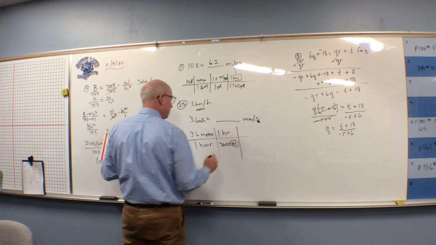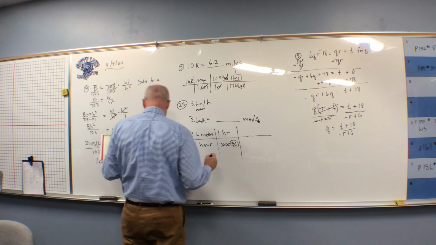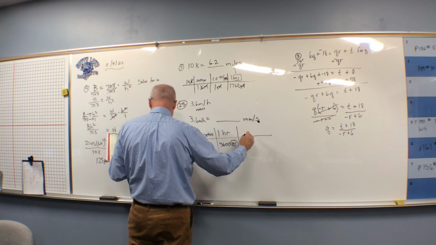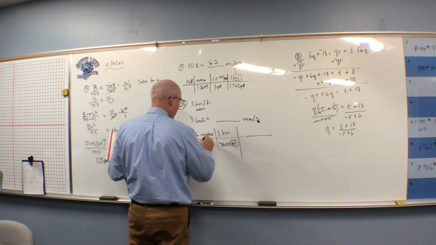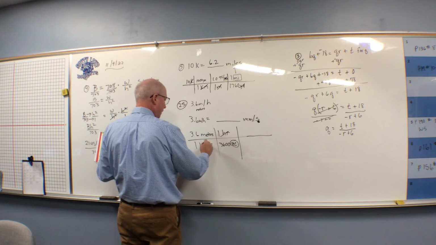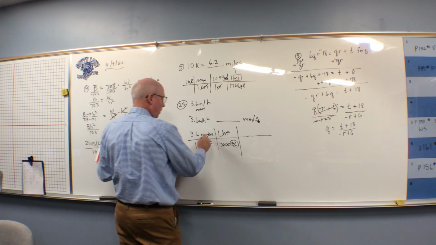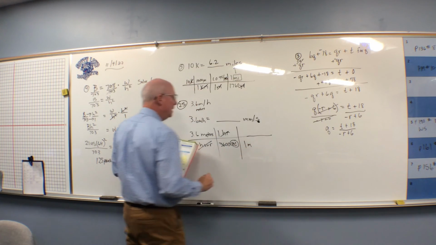So we don't want to cancel that, and we want to change to millimeters. So millimeters go up on top here, and we want to cancel meters, because we got seconds here. We canceled the hour right there. So 1 meter is how many millimeters?